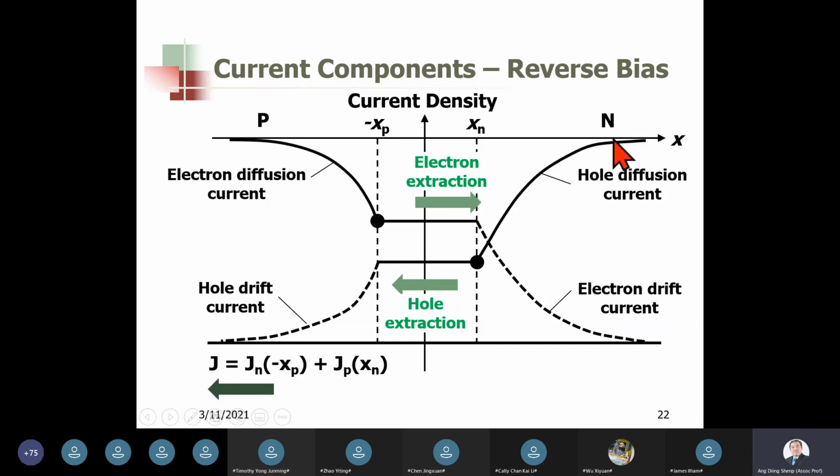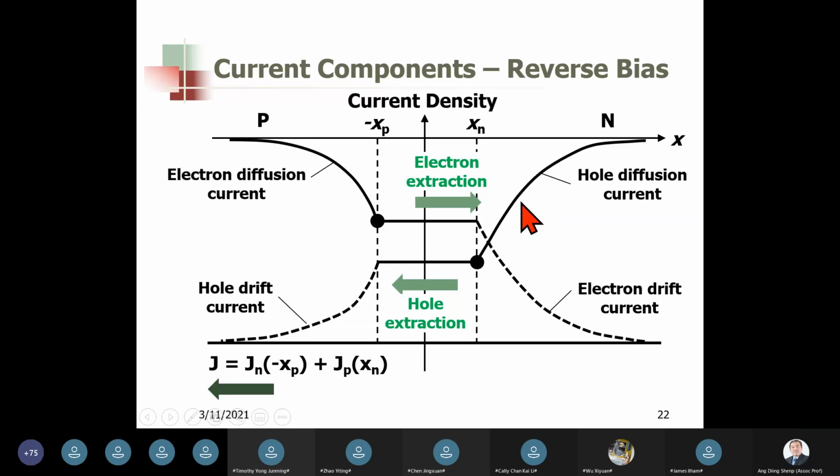Now similarly, due to the extraction of holes from N to P, there is a hole diffusion current along the quasi-neutral N region. And after being extracted across into the P region, they become the majority carriers and they drift to give you a hole drift current. Now, the second red color assumption is important.